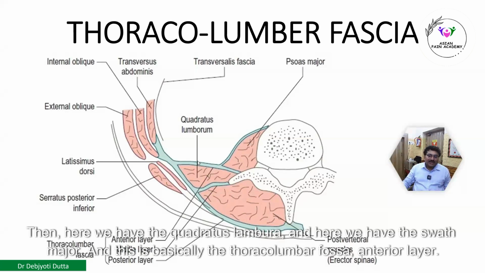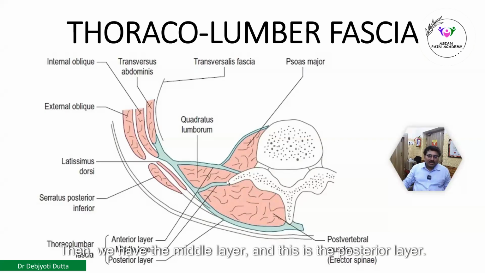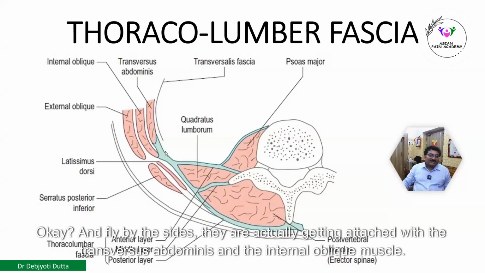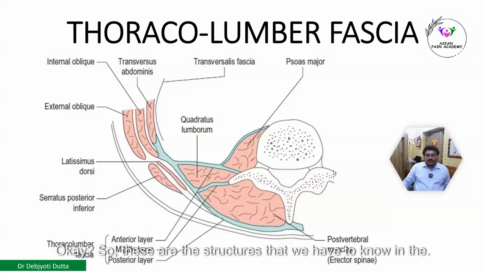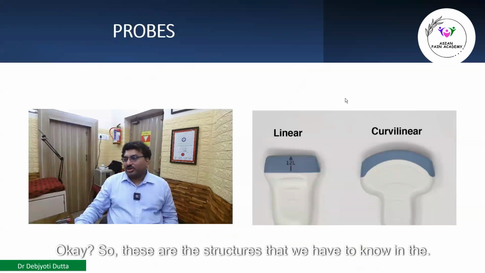And this is basically the thoracolumbar fascia, anterior layer. Then we have the middle layer, and this is the posterior layer. And by the sides they are actually getting attached with the transverse abdominis and the internal oblique muscle. Okay, so these are the structures that we have to know in the third part.